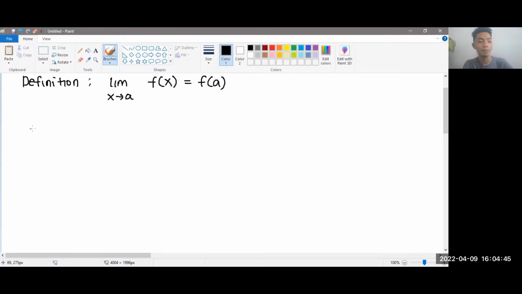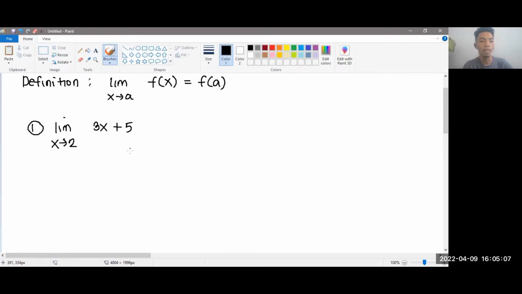Let's have example number 1. Find the limit of 3x plus 5 as x approaches 2. Basically, ang ginagawa lang natin doon sa x ay papalitan lang natin ng 2.